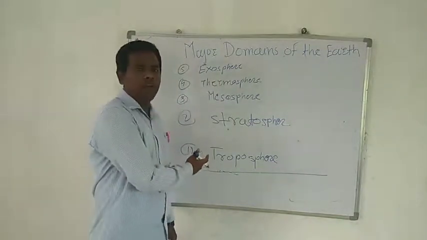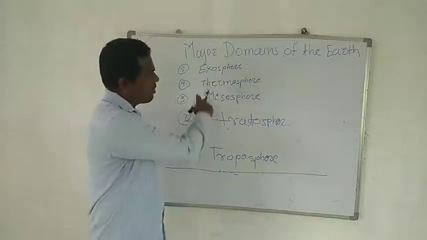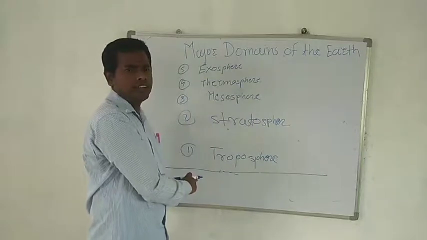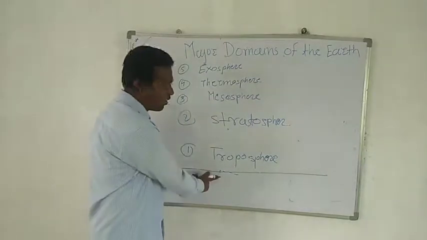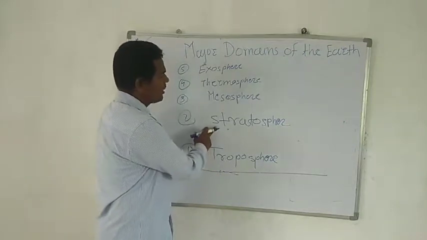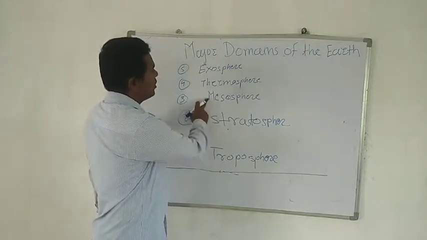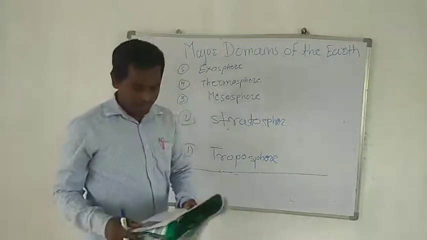We divide our atmosphere into 5 regions, starting from the ground of our Earth. First is the troposphere, second is the stratosphere, then the mesosphere, thermosphere, and exosphere. Okay.